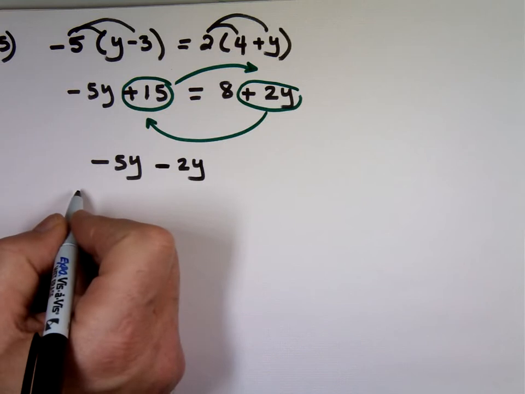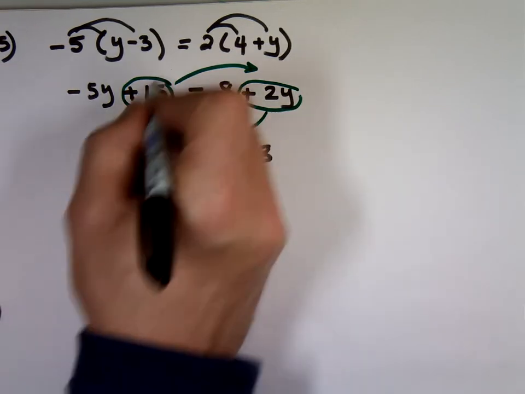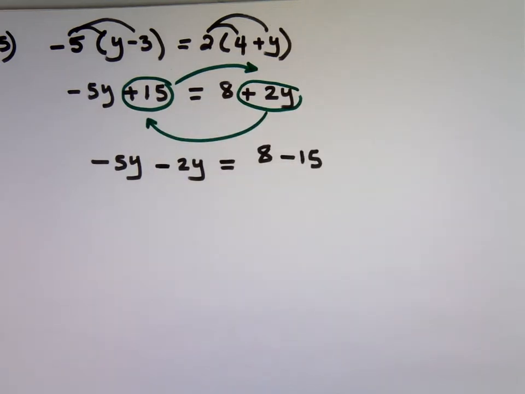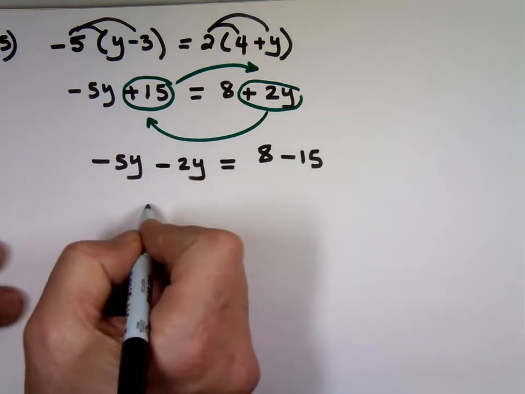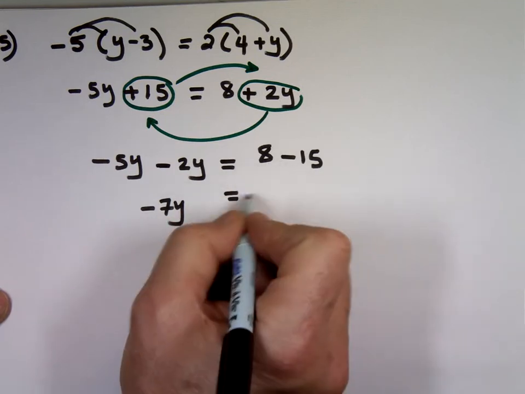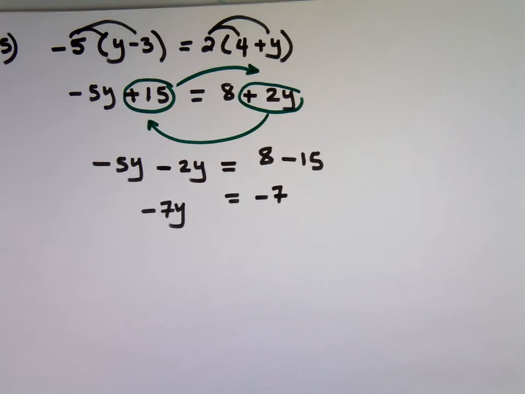Change side, change sign. Equals 8. Change side, change sign, negative 15. What's negative 5y minus 2y? Negative 7y. 8 minus 15? Negative 7.